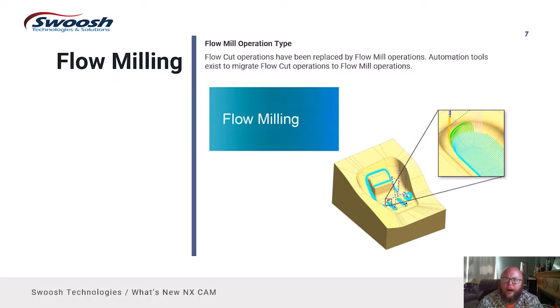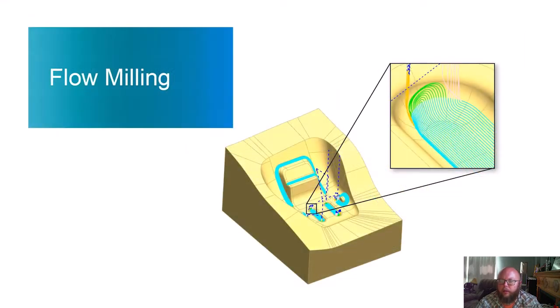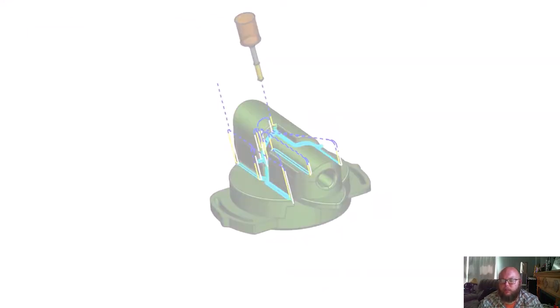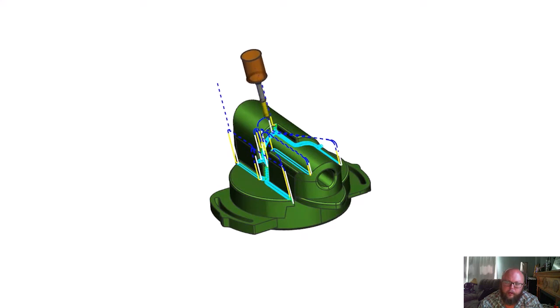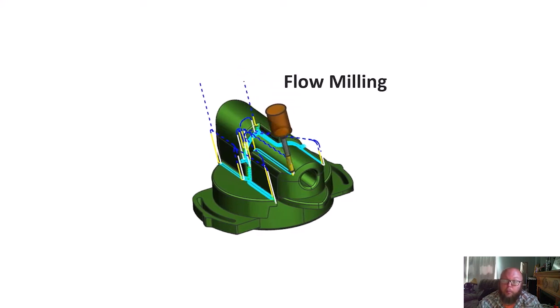Now on to our first new operation type, which is flow milling. Flow milling is the replacement for our flow cut operations that you're likely familiar with, and flow milling solves a number of the issues that existed with flow cut. First of all, we'll be able to better recognize uncut material left by previous operations when using bowl mills.